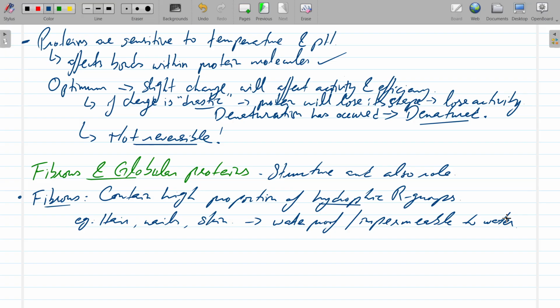So what you have over here is long parallel polypeptide chains with cross links to form fibers.